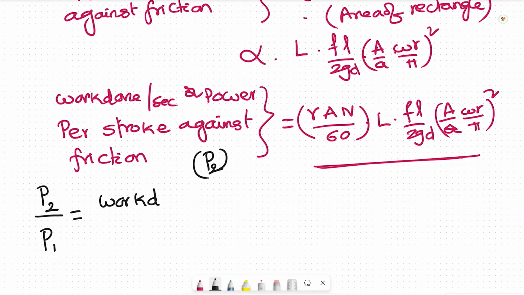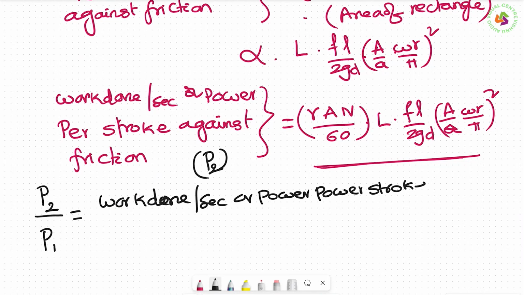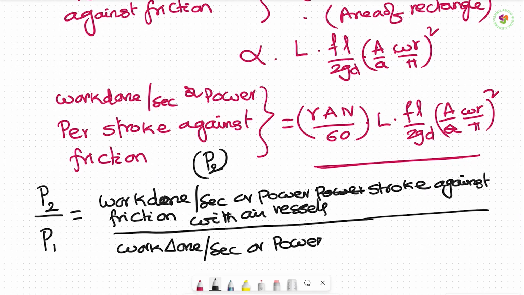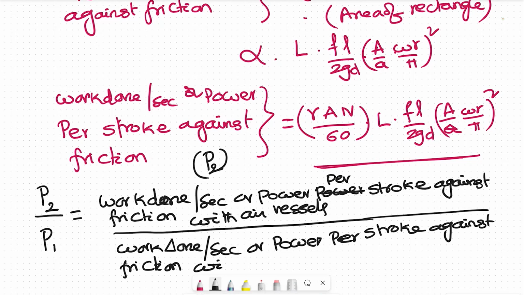It is the work done per second, or power, per stroke against friction with air vessels, divided by the work done per second, or power, per stroke against friction without air vessels.